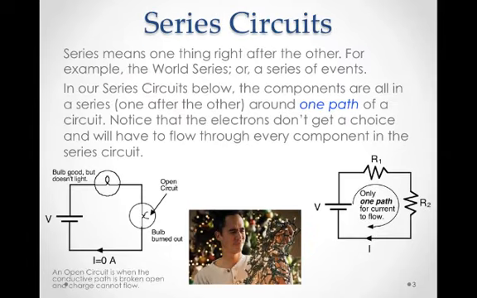Series circuits now. Series means one thing right after another, kind of like the World Series is a series of games played one right after another, or a series of events. In the series circuits below, you can see that the components are all in series, one right after the other, around one path of a circuit. Notice that the electrons don't get a choice and will have to flow through every component in the series circuit.